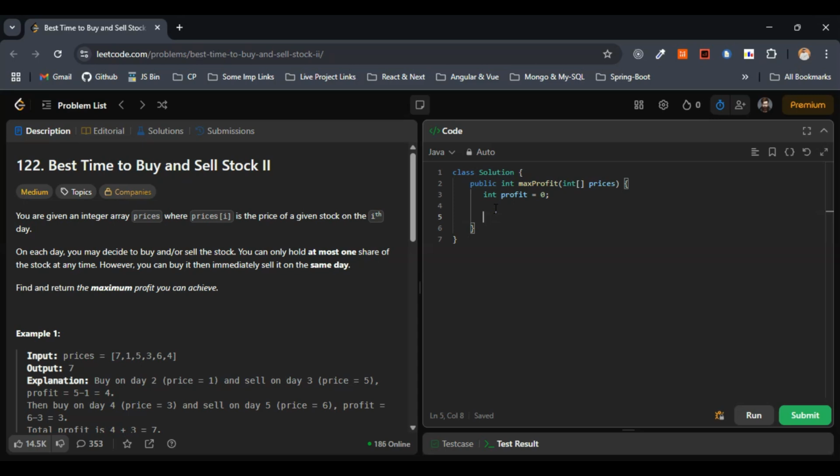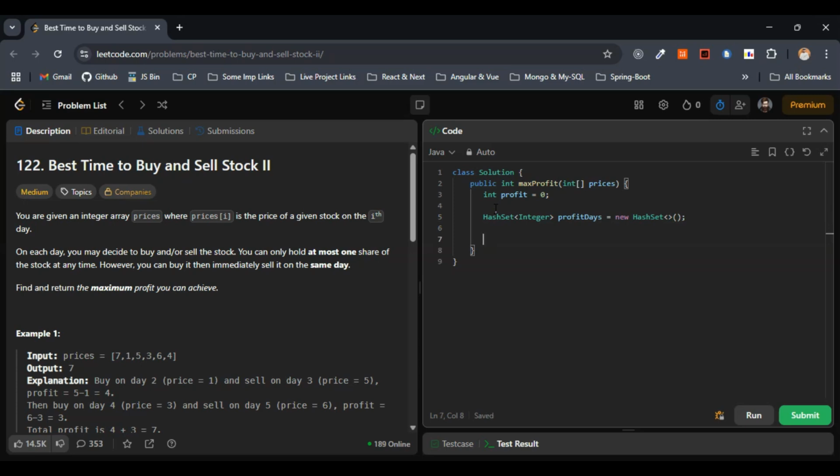So let me go with a HashSet of Integer here, named profitDays, new HashSet. So this is fine.